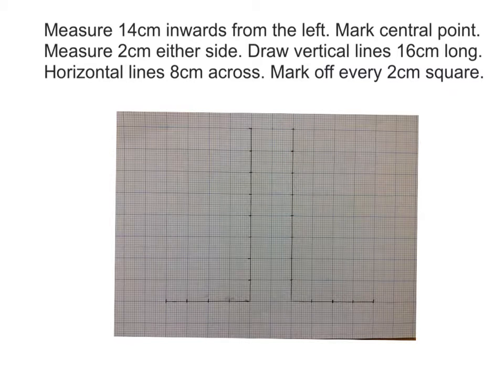From there you then draw vertical lines 16 centimetres long, and then when you get to this point I'd like you to draw horizontal lines 8 centimetres across, to the left in this instance and to the right in this instance, and then what you need to do is just mark off every 2 centimetre square.